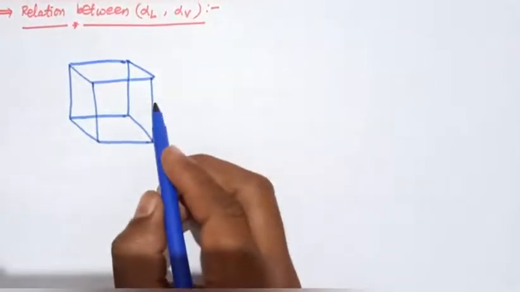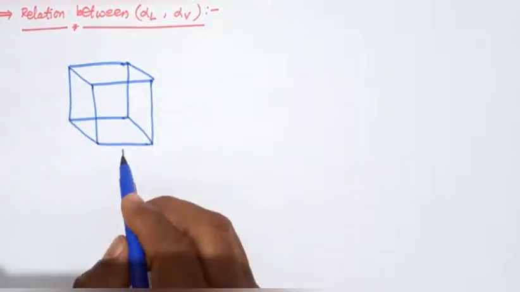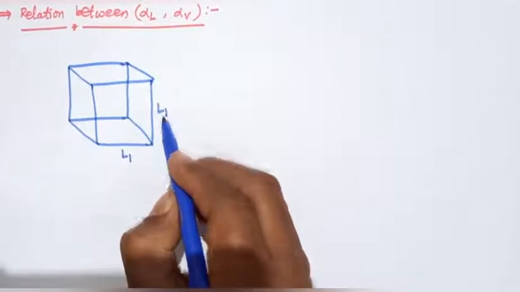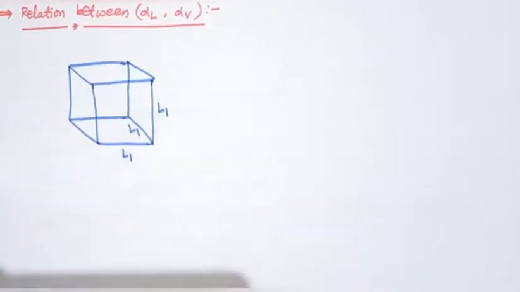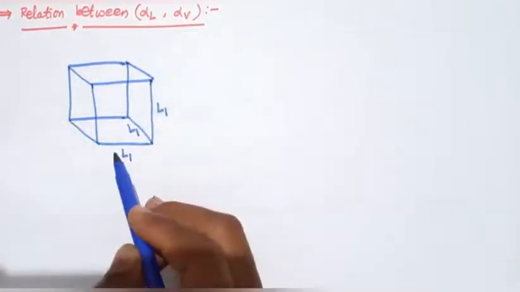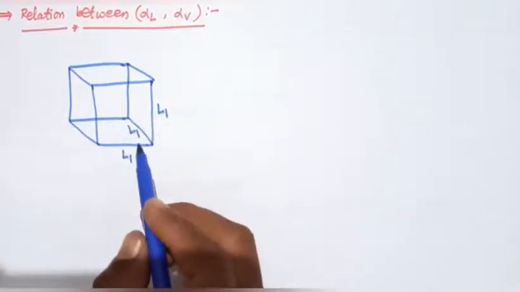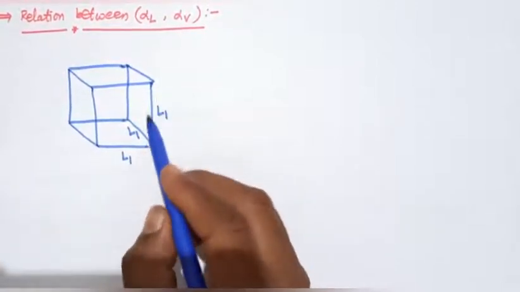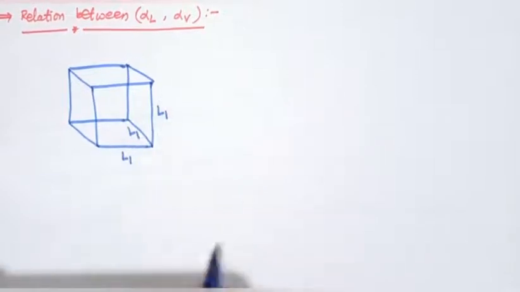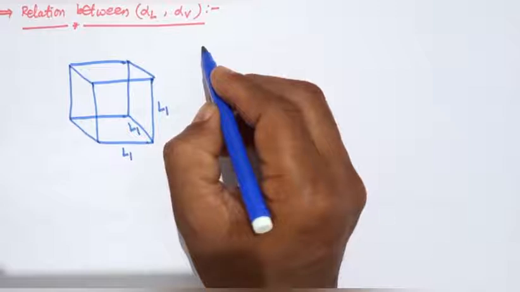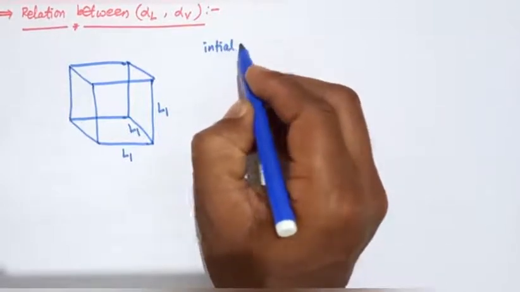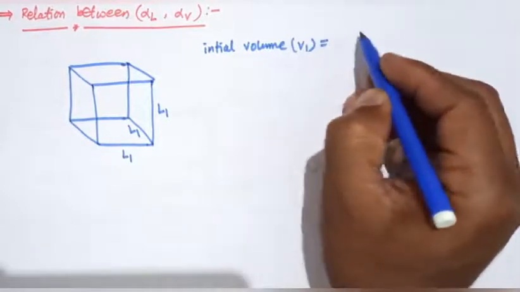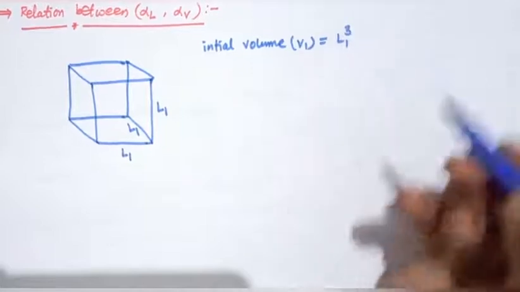The cube's side is L1, the height is L1, and the breadth is also L1. We are considering a cube, so the sides are equal. The initial volume V1 equals L1 cube.